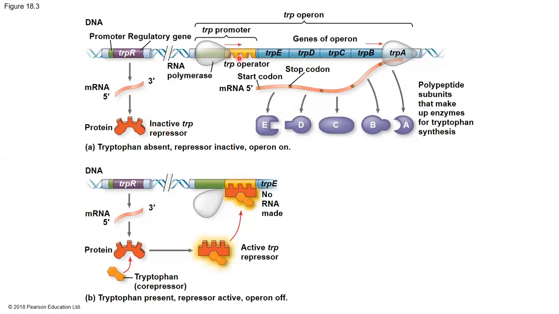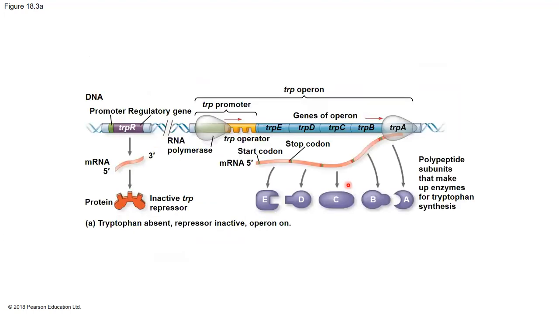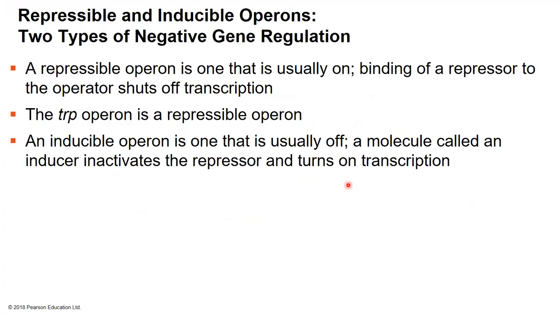It cannot bind to the trp operator, so the RNA polymerase will be free and will be able to initiate transcription. So this is one example of an operon in bacteria. Today, inshallah, we're going to learn about another example.